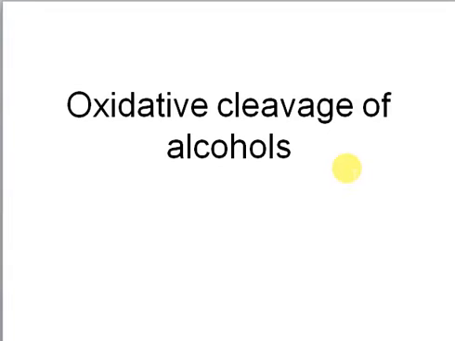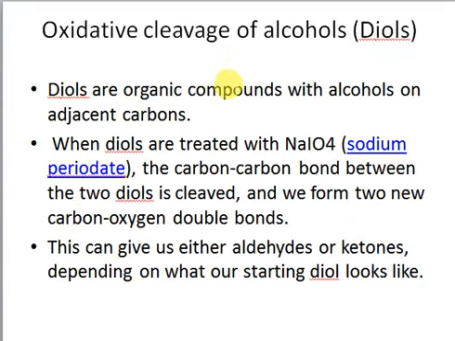When we say oxidative cleavage of alcohols, we are normally considering alcohols in the form of diols, right? So what do we mean by diols? Diols are organic compounds in which we have an OH group on two adjacent carbons. Presence of two OH groups on adjacent carbons gives compounds called vicinal diols.